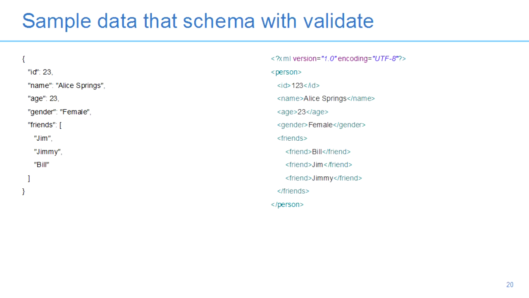Now, the reason we had to provide an XML name person is because you can't have just ID, name, age, gender, friends as part of an XML document. The XML document has to have a root element, whereas the JSON document, basically the object is the root element. So you have to define what the root element is for your XML, and this is just calling it person.